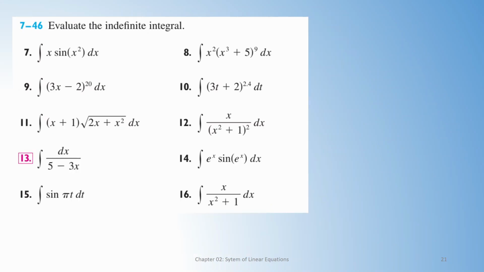In some cases, you may not find the substitution. You have to see what the substitution should be. For example, for question number 7, if you have x sine x squared dx, in this case, you know that it is hard to deal with the inside of x squared. So therefore we substitute u as x squared.